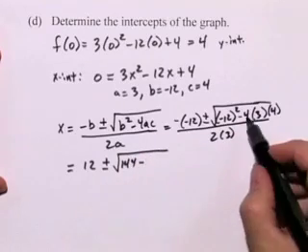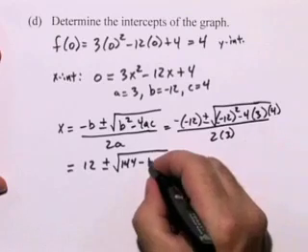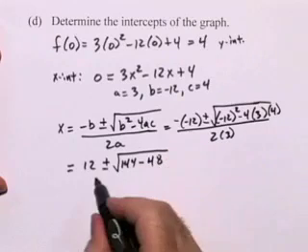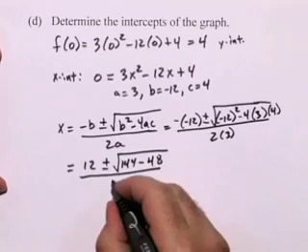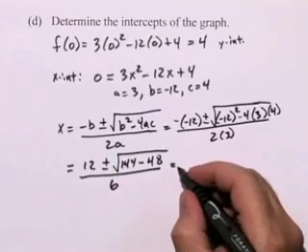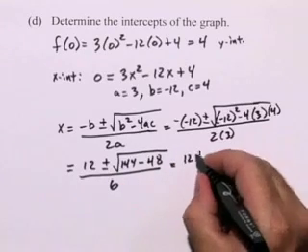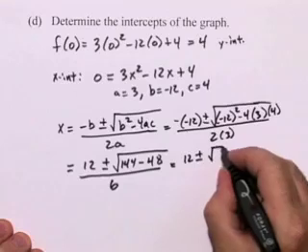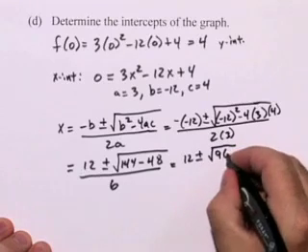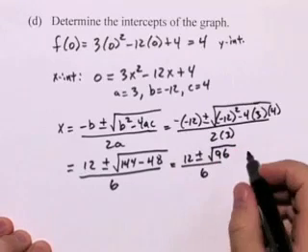Then minus 4 times 3 is 12, 12 times 4 is 48, so we get 144 minus 48, all divided by 6. So we'll have 12 plus or minus the square root of 96 divided by 6.